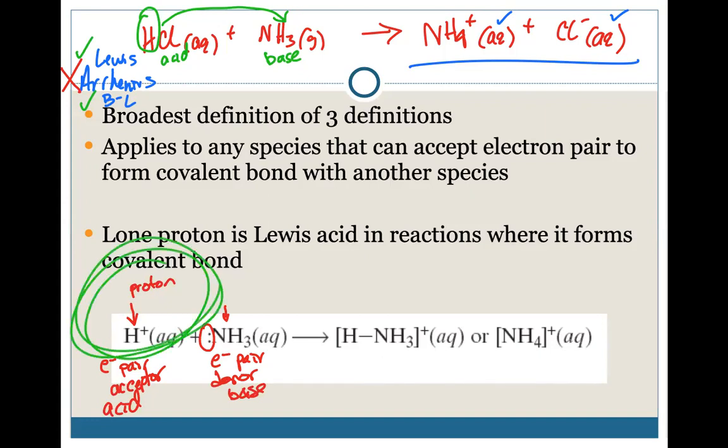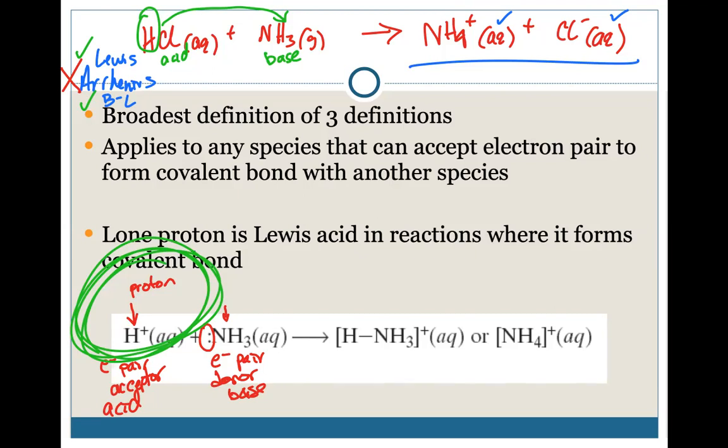By definition, a proton has no electrons to share, which means that if a proton is donated, it's going to accept an electron pair to form a covalent bond. So if Bronsted-Lowry applies, Lewis must also by definition apply. That doesn't mean that if Lewis applies, Bronsted-Lowry applies.